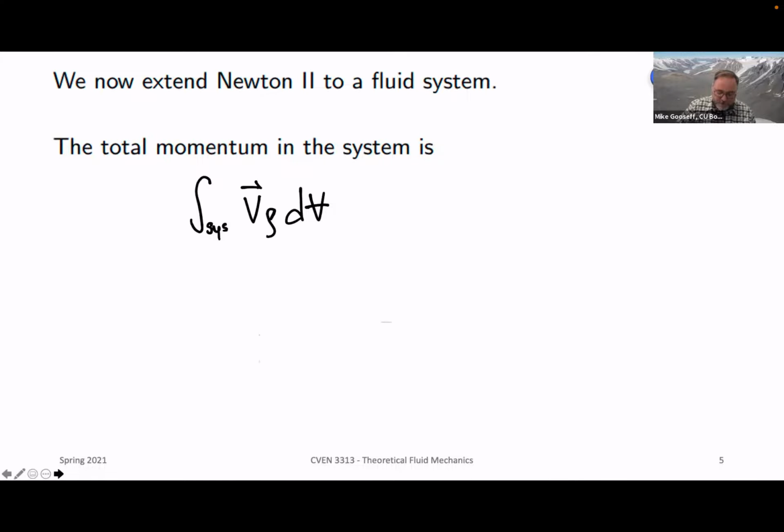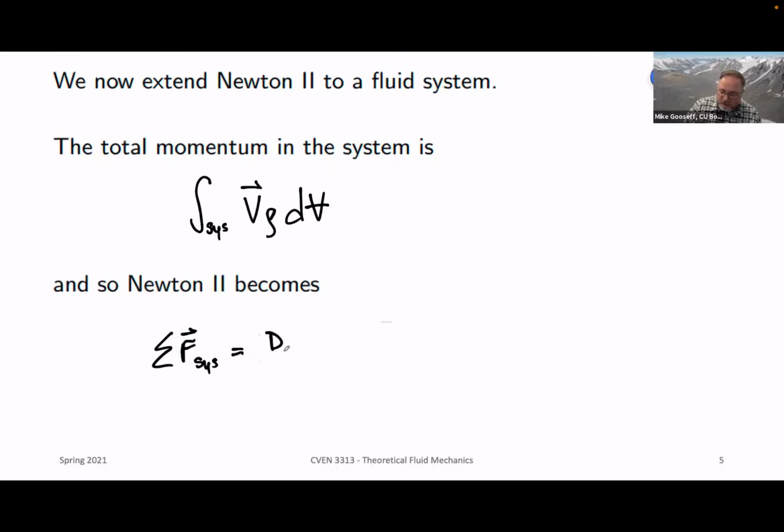All right. And then Newton's second law becomes the sum of the forces acting on the system is equal to d/dt, so the change with respect to time of this integral over the system of V rho dV.